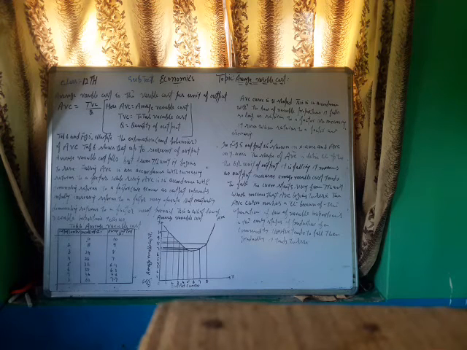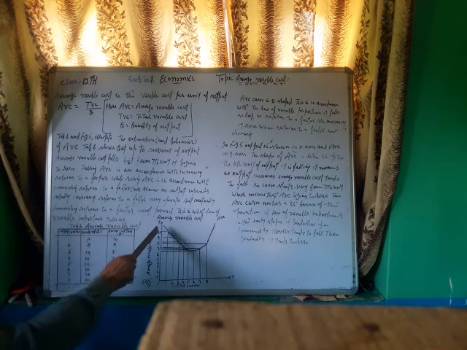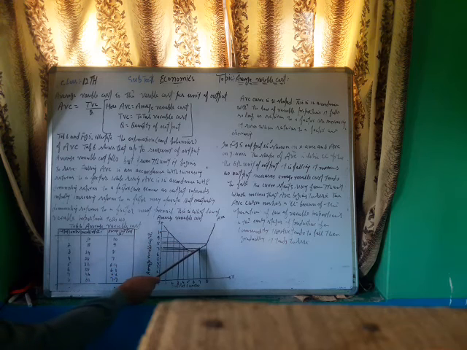In the early stages of production of a commodity, the AVC tends to fall, then gradually it tends to rise.